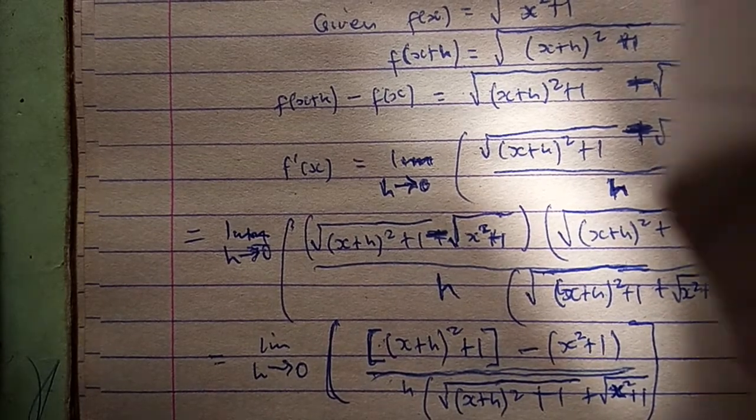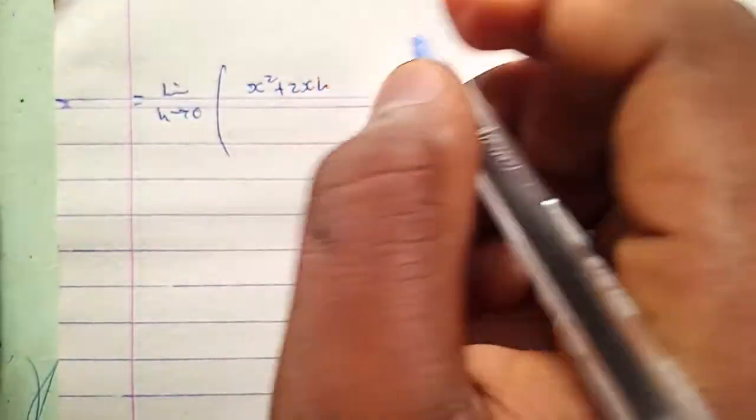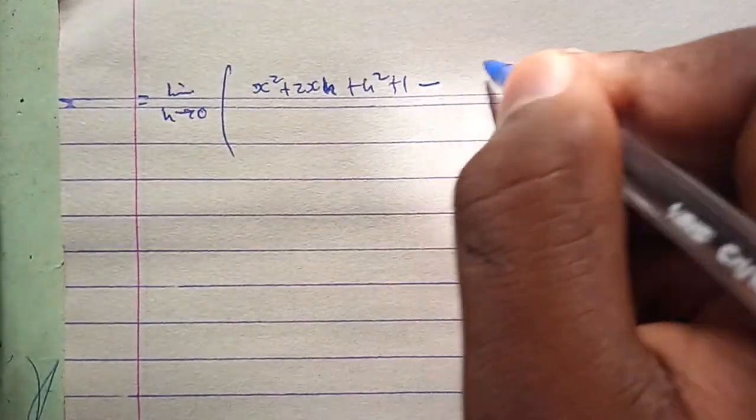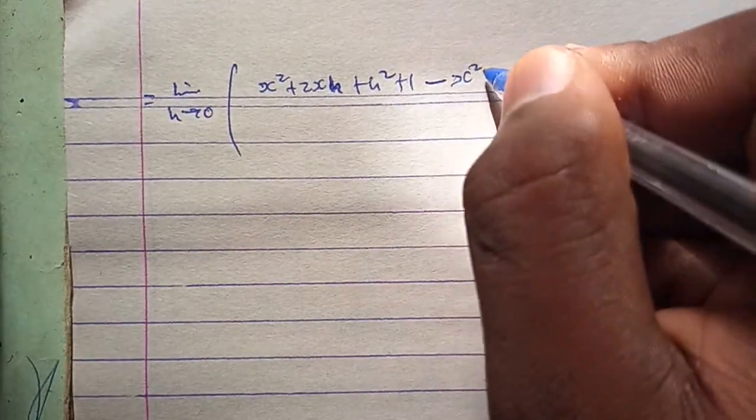So moving on, opening the bracket, we'll have lim as h approaches 0 of, opening the bracket, x squared plus 2xh plus h squared plus the 1, and this minus, we are opening that bracket too, so we'll have x squared minus 1.